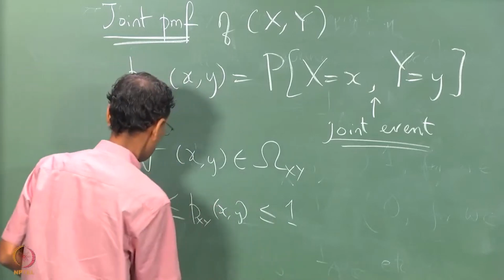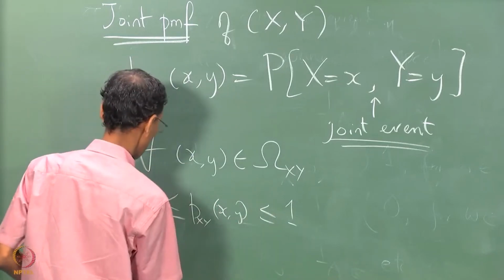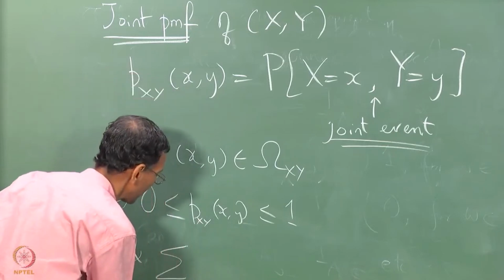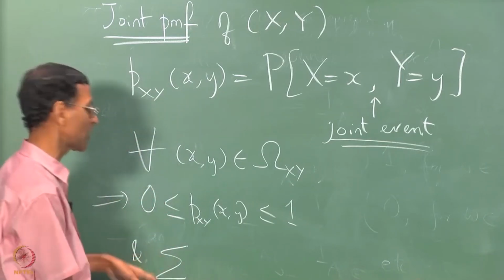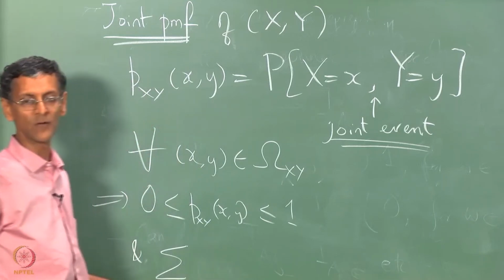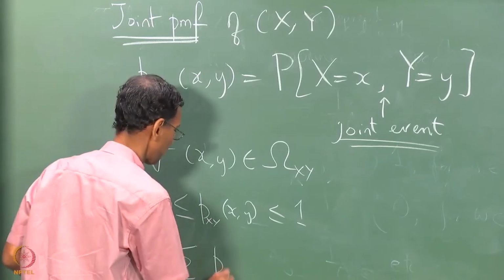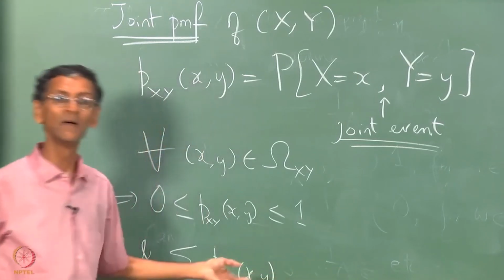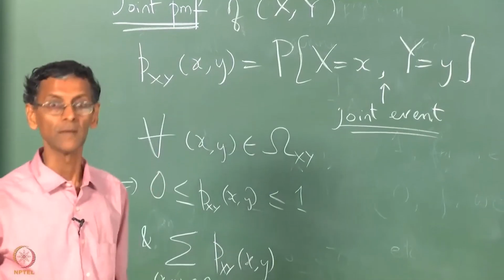And this summation over all points, and I want to write it as a single summation now, not a double summation. If I add it over all points small xy in omega xy, I should get 1.